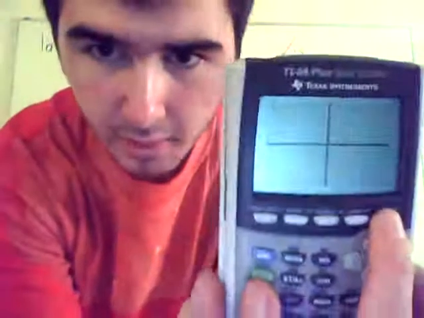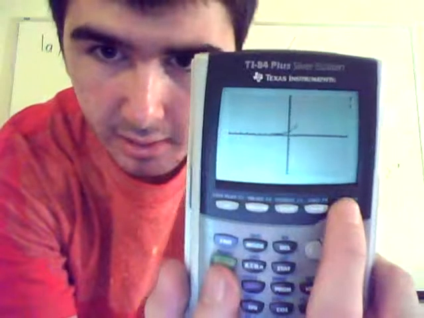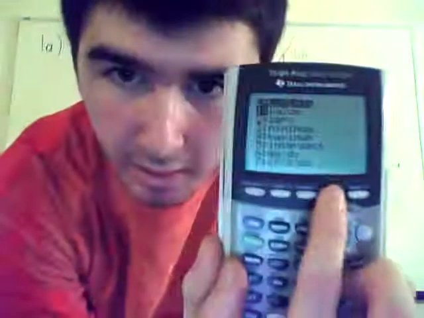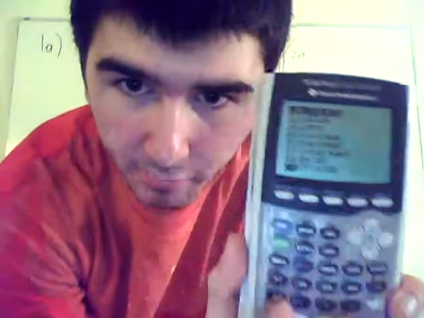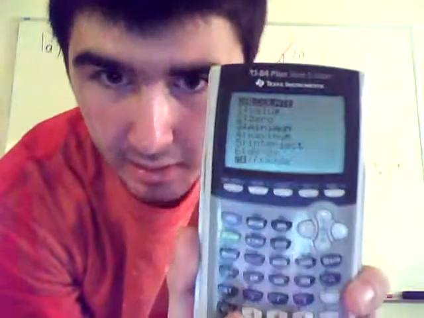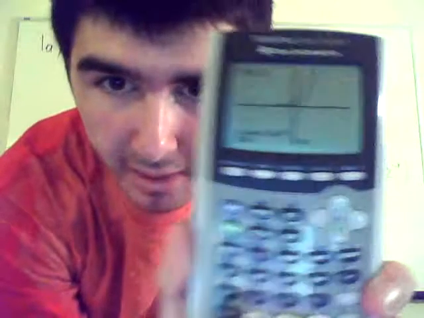Graph. Alright, that's 2 to the x. I didn't lie to you, it looks like that, okay? So now you press second, calculate, and you choose the integral of f of x dx. Lower limit is 0, oh, it's not 0, it's 1.